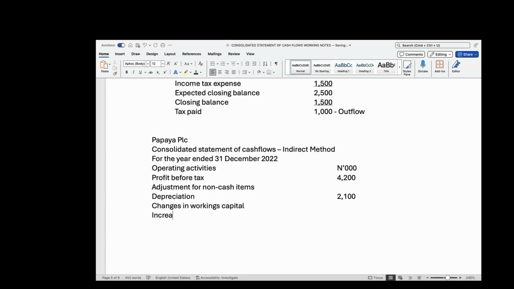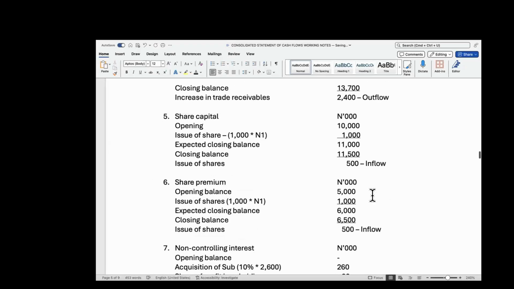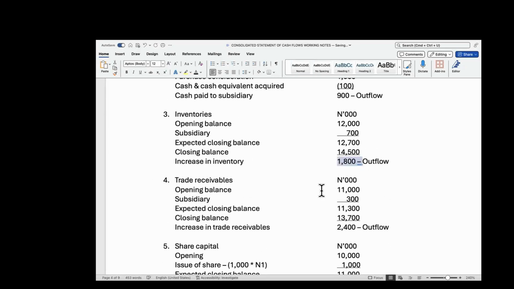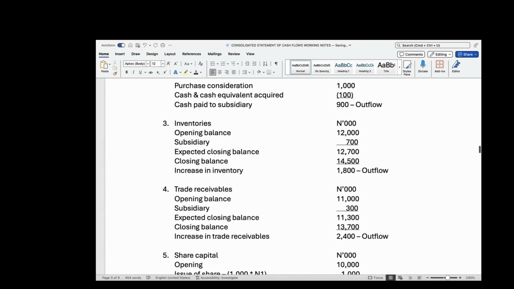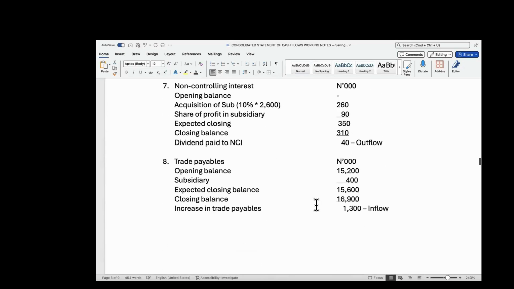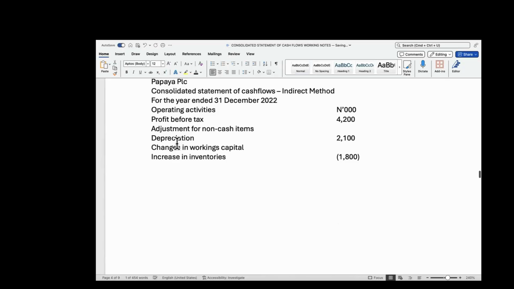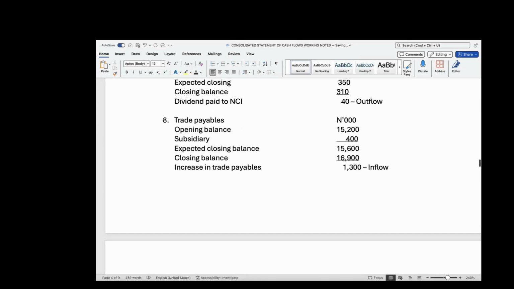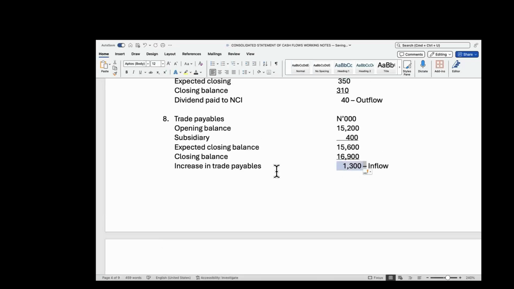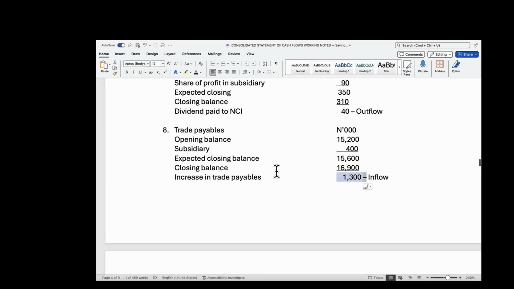There was an increase in inventories, 1.8 outflow. There was an increase in receivables, 2.4 outflow. Then payables, there was an increase in payables, inflow 1.3.